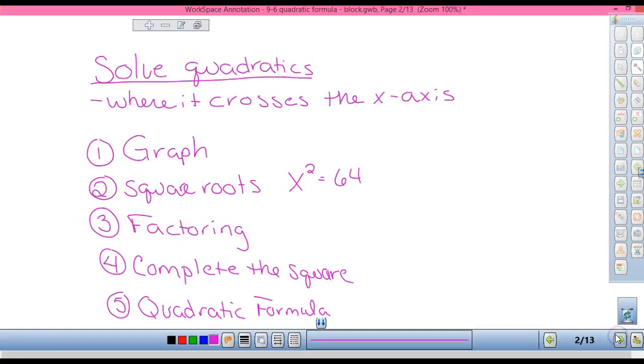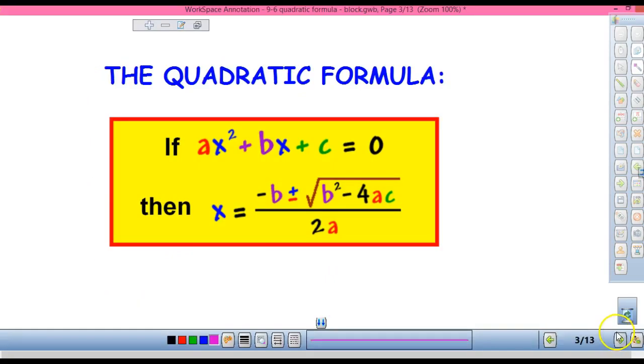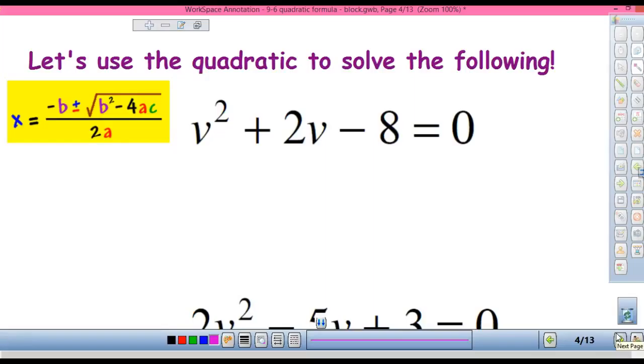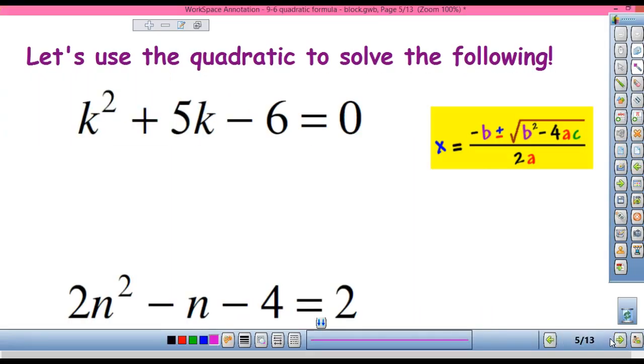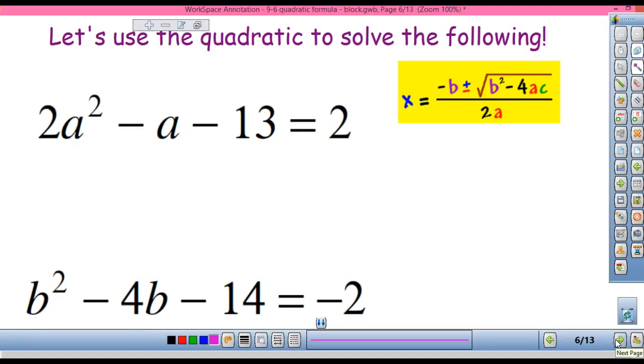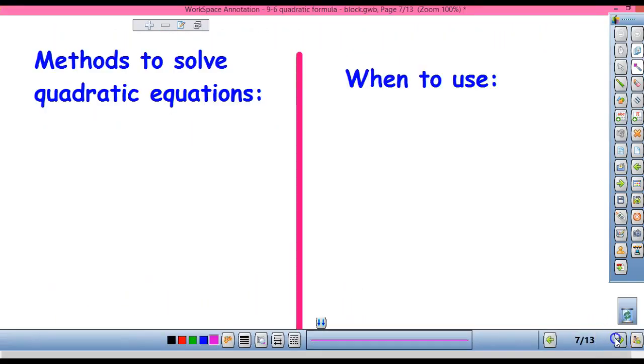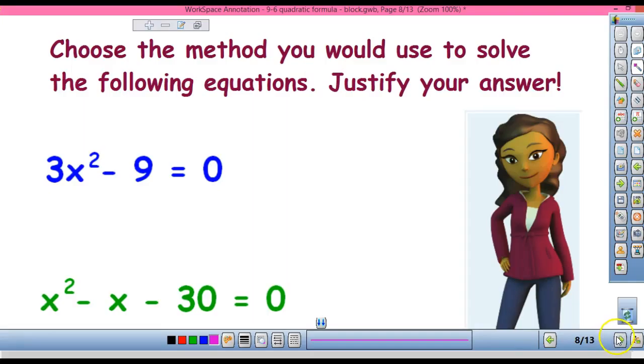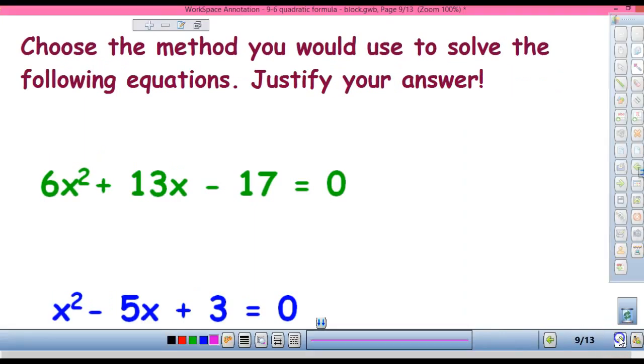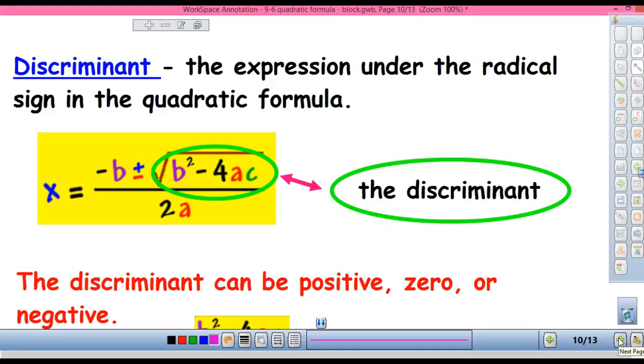All right, so if we remember, okay, standard form of these guys, because I want you to skip a little bit and go to where it says discriminant.